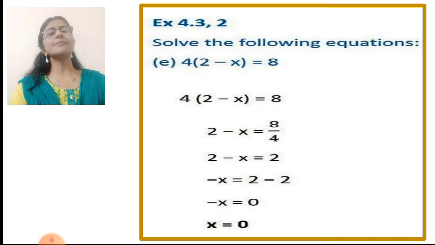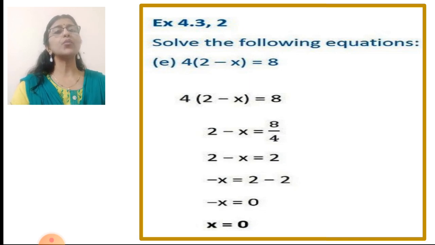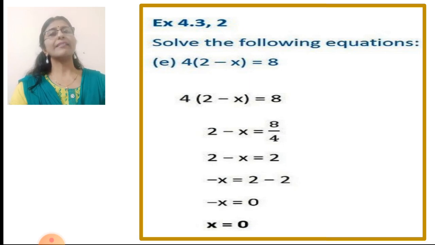So this positive 2 will become negative 2, and already 2 is there in RHS. So the next step will be minus x is equal to 2 minus 2, or we can write minus x is equal to 2 minus 2 is 0. Therefore minus x is equal to 0. We can write this as x equal to 0 also.